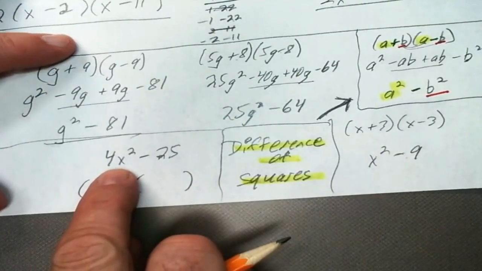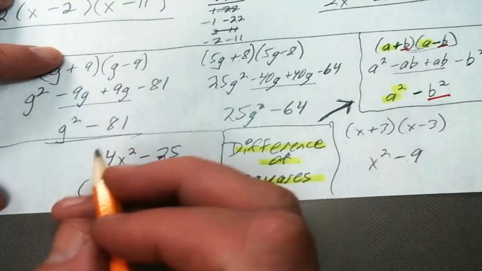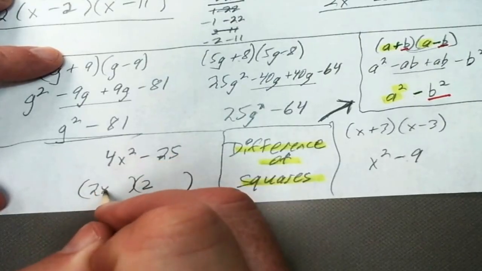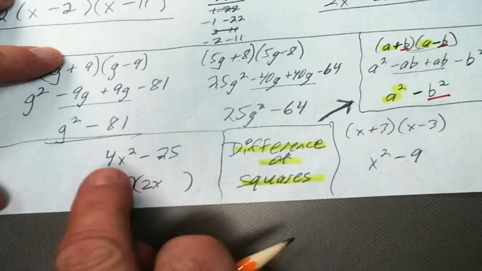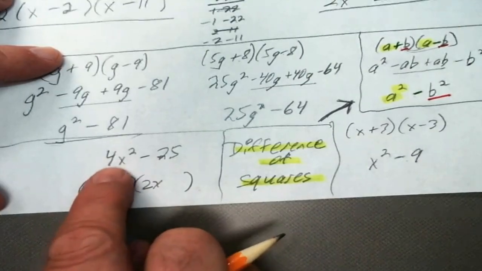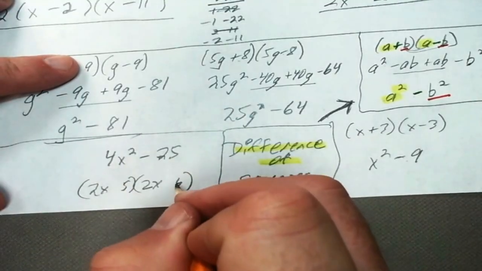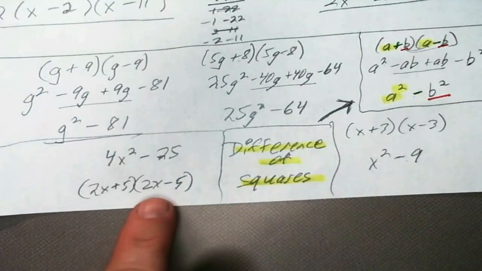So what multiplies times itself to be 4x squared? Well, 4 is 2 times 2. X squared is x times x. 2x times 2x is 4x squared. This is a perfect square. This is a perfect square because it's 5 times 5. So that means one of these is positive, one of these is negative. Those are the factors of that.